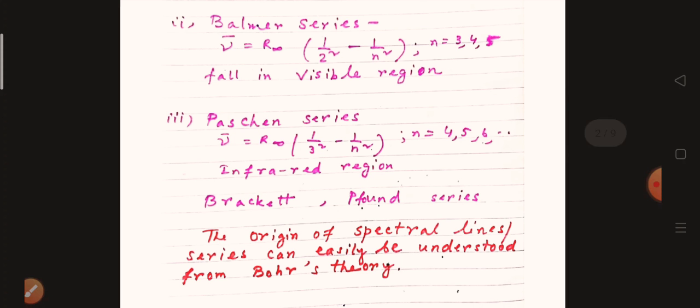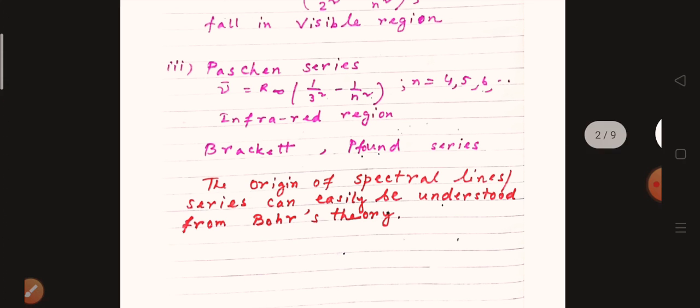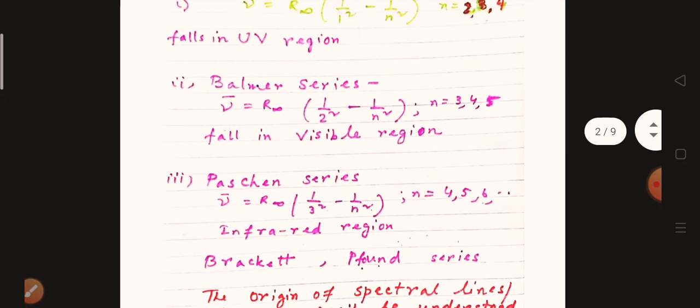Then nF equals 4 and nI equals 5, 6, 7 is the Brackett series, and nF equals 5, nI equals 6, 7, 8 is the Pfund series. The origin of spectral lines or series can be easily understood from Bohr's theory.